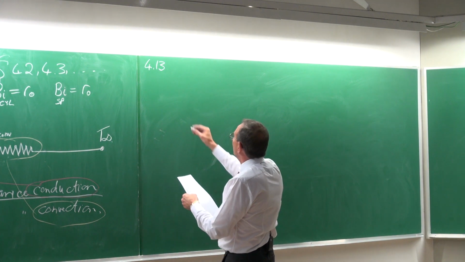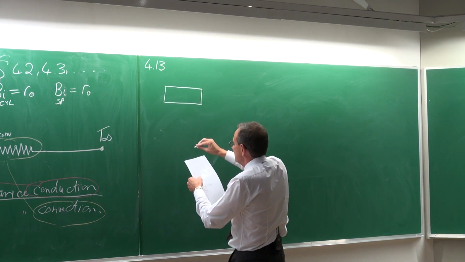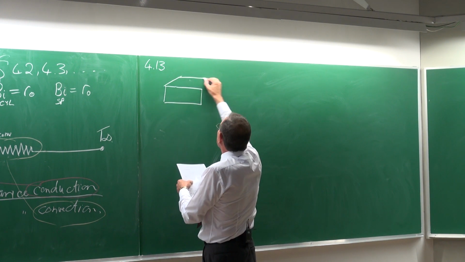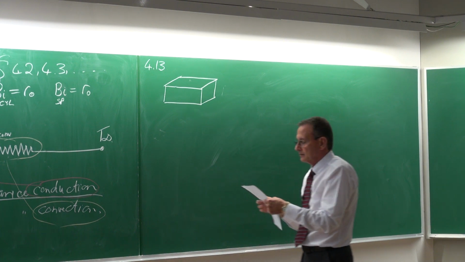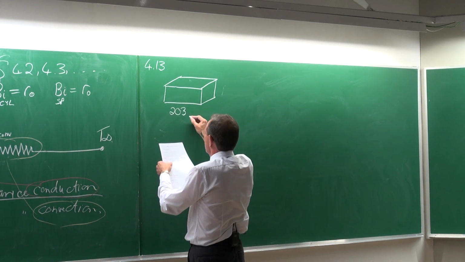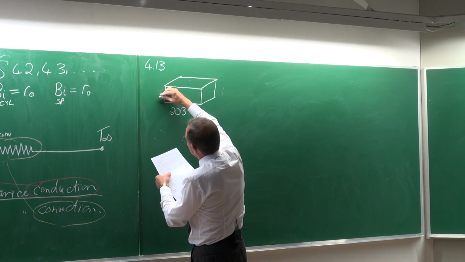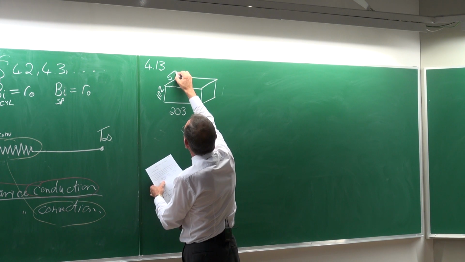Now this example, I actually didn't think was going to be described very well by the lump system method, but at the end it was, or apparently it seems, and that is of a brick. A brick with dimensions of 203 millimeters, 102, and 57 millimeters.